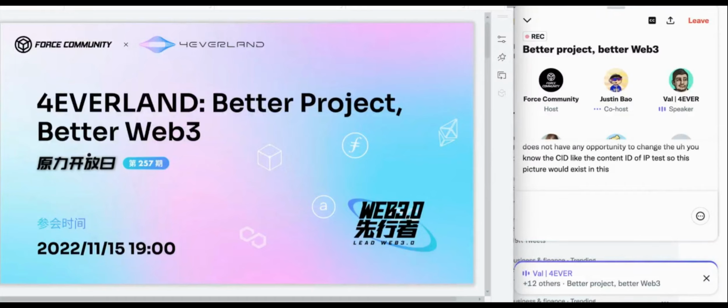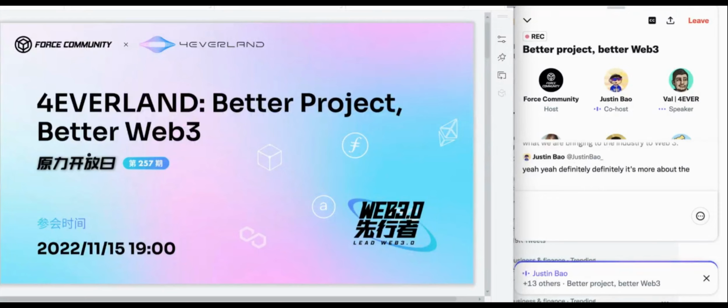So this picture will exist in this NFT and stay with that NFT for an extremely long time. I think this is a brilliant example which gives us an understanding of why it is important. It's not a hyped trend or any kind of trendy stuff, but a technical necessity for the Web3 industry, and this is what we are bringing to Web3.